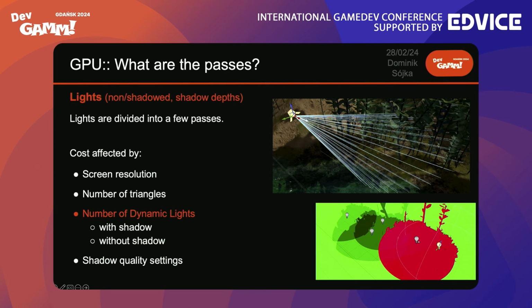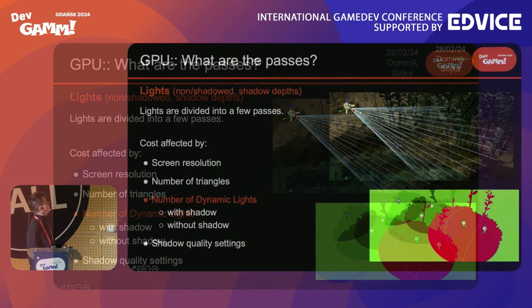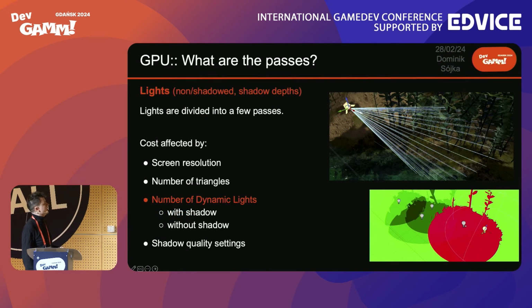And the last pass is the light pass. I would say there are a few passes that affect the lighting, and I will try to talk only in general. I will not cover all the light passes.